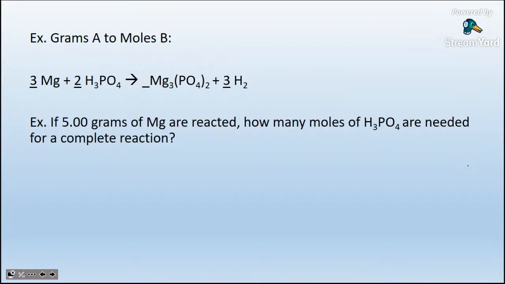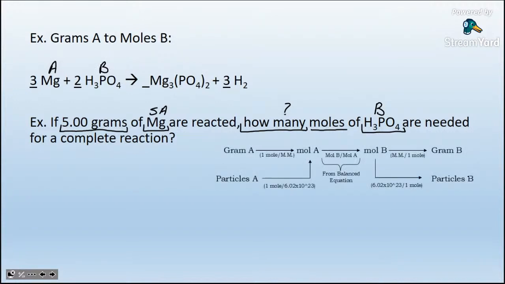If 5 grams of magnesium, again, we're going to label, if 5 grams magnesium, that's my starting amount, so I label that as substance A, are reacted, how many, there's my question, and it refers to moles of H3PO4, that is my substance B. So looking at the mole roadmap, now I am given my grams of A, and I want moles of B.